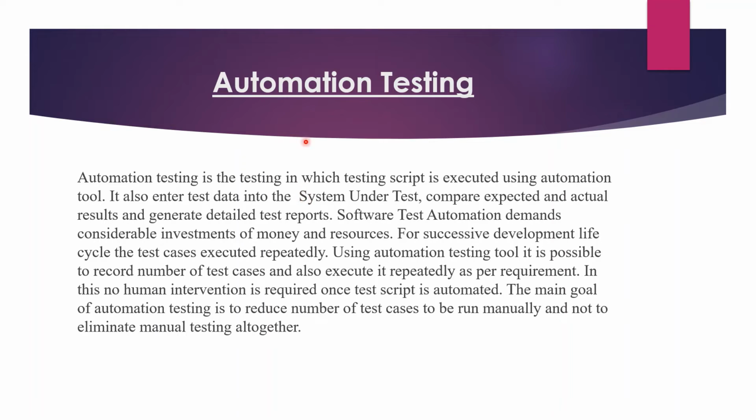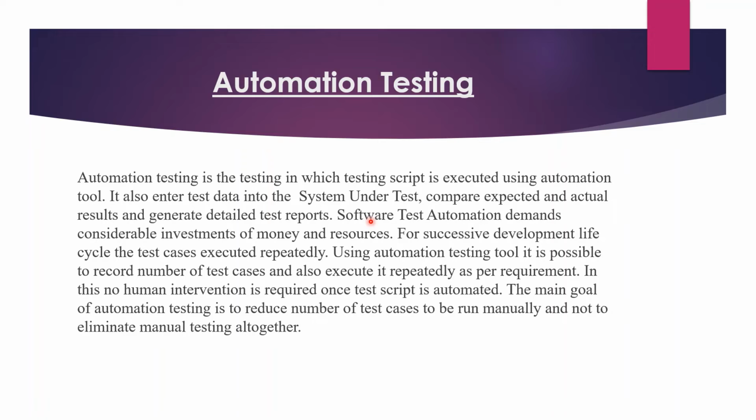The automation tester, once they understand the functionality of the application, can automate the test script. Once the test script is automated, its expected and actual results are compared, and if any bug or error comes up, a detailed test report is given to the developer who developed the application.